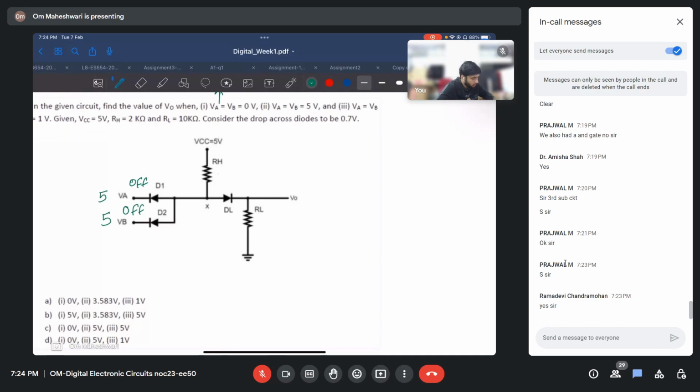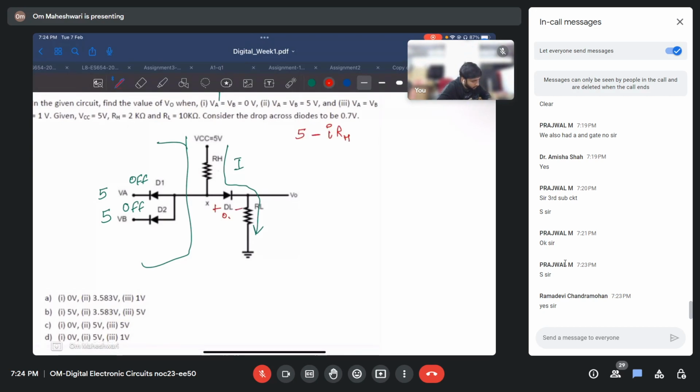Let us ignore this part then. We have just this. Current will flow like this. Let's say current is I. Let us apply KVL. 5 minus I RS, voltage drop is 0.7, minus 0.7, minus I RL equals 0.